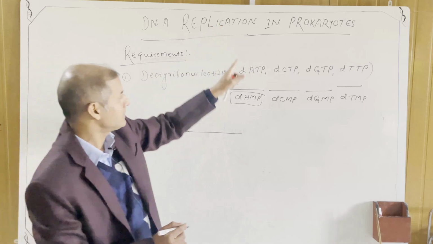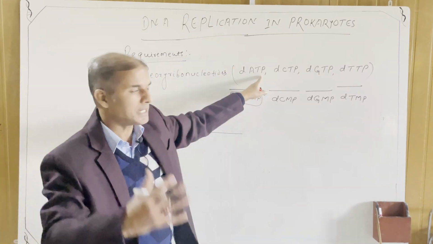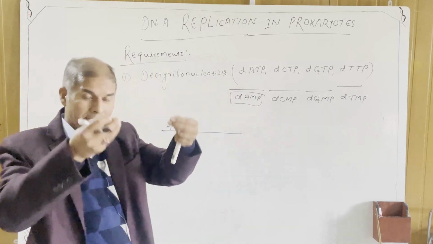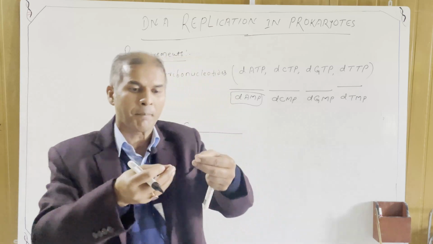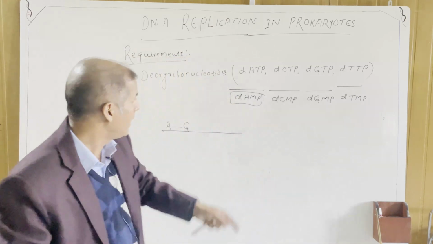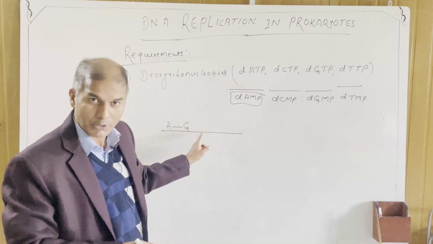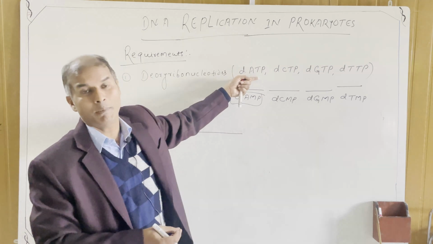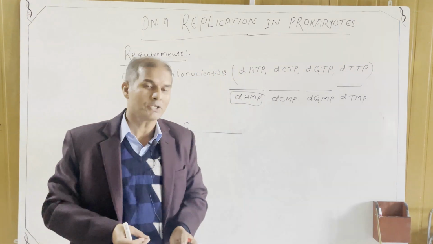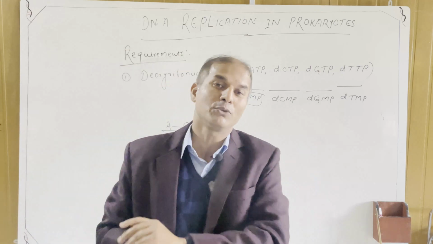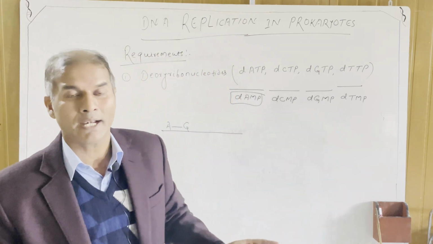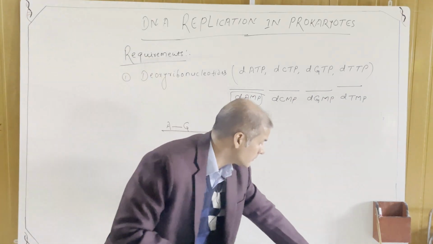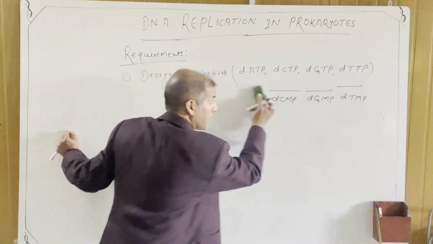Always remember, the triphosphate form is more active than the monophosphate form. Since the bacterial body has to make a phosphodiester bond between 2 deoxyribonucleotides, these molecules are needed in the form of triphosphate. If they are not present in triphosphate form, the phosphodiester bond is not going to be formed, and finally the DNA strand cannot be formed. So one of the requirements is deoxyribonucleotides in the form of triphosphate.